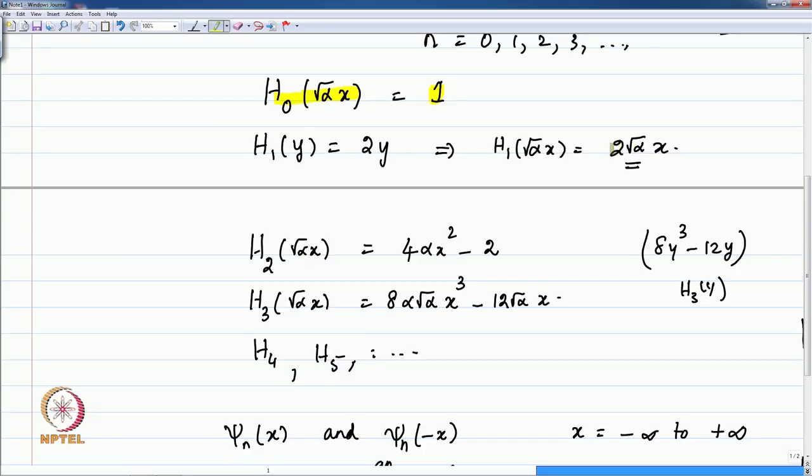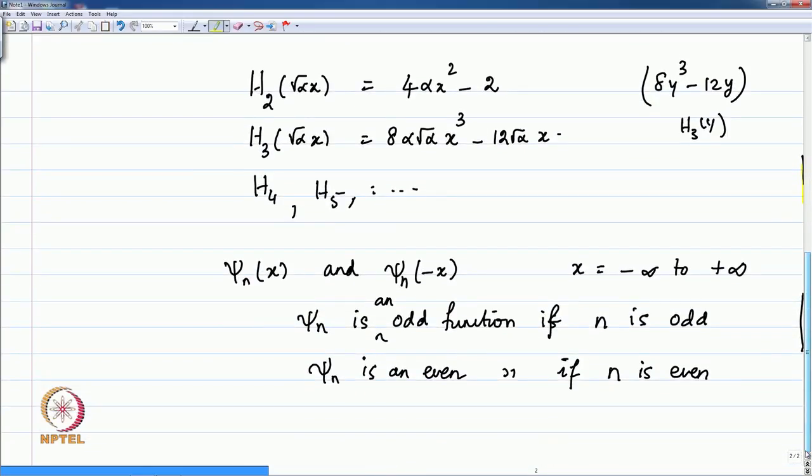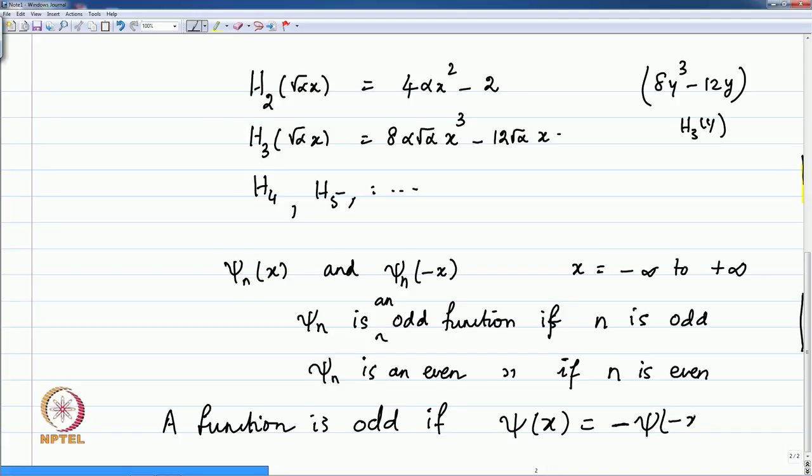h1 of x is simply x, therefore h1 of root alpha x is an odd function: if x is negative, the function is also negative. What is the relation between odd and even functions? You might kindly recall that a function is odd if it has this property, namely psi of x is the negative of psi of minus x.